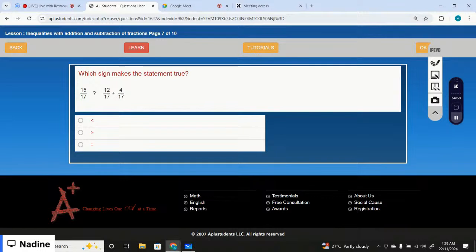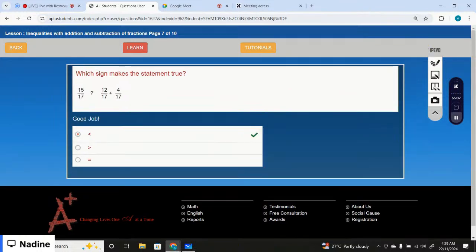So which is the correct option? 15 over 17 is less than 16 over 17. Very good.